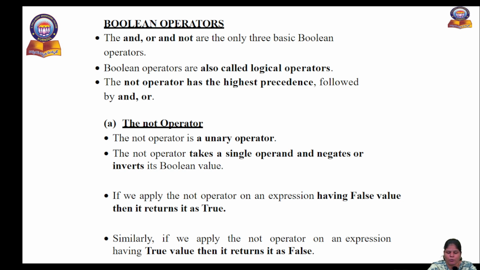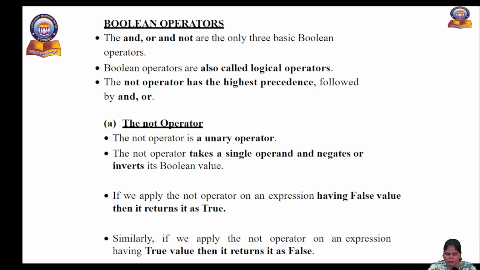Along with the Boolean values, we will be working with the logical operators in decision-making statements. The logical operators like and, or, and not mainly come in combination with Boolean values. These Boolean values will be the output of the logical operators.